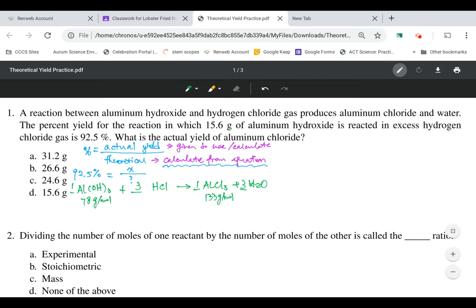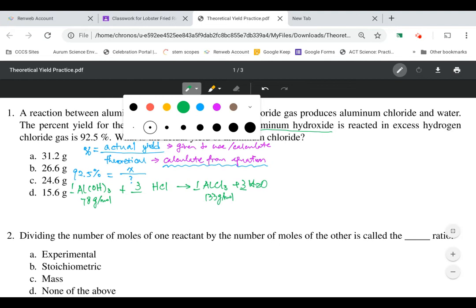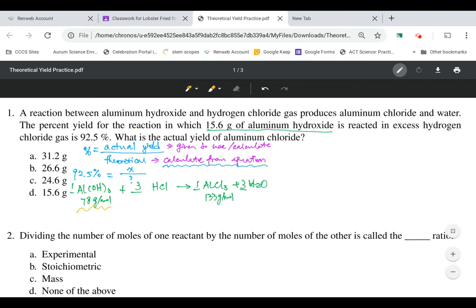The reason why I'm only using these two is because the question says 15.6 gram of aluminum hydroxide. So that's our starting material. It reacts with excess hydrogen chloride gas. So hydrogen chloride is in excess. So in order to find our aluminum chloride, we need to use aluminum hydroxide.